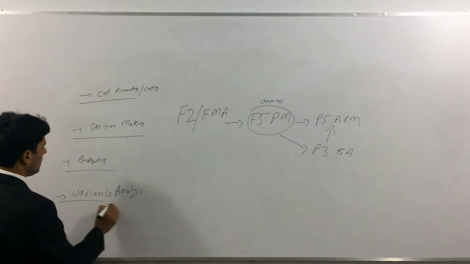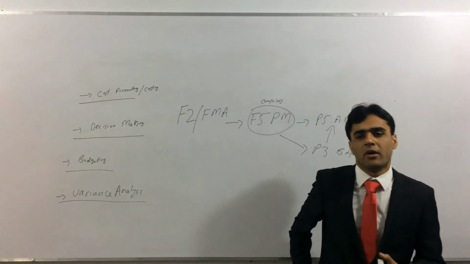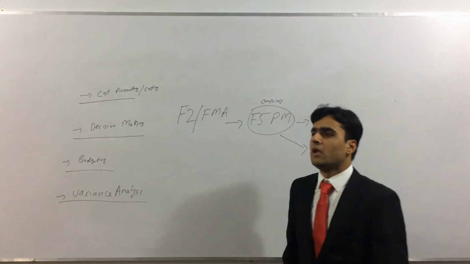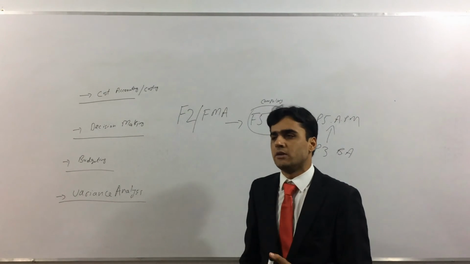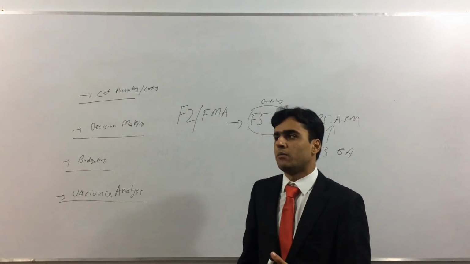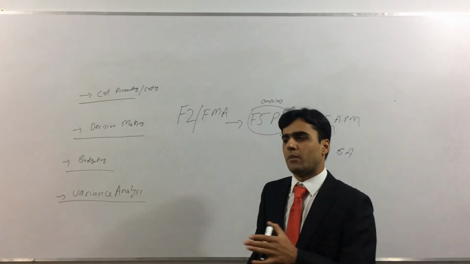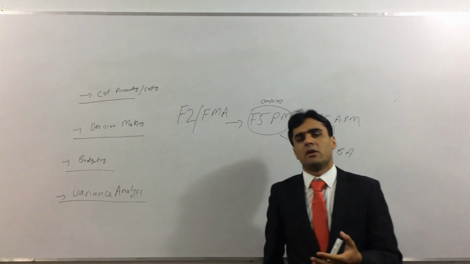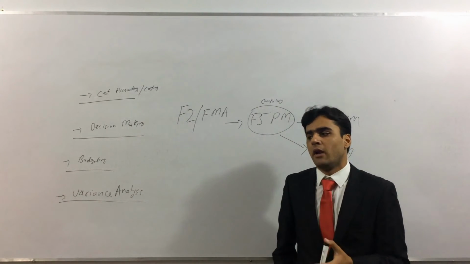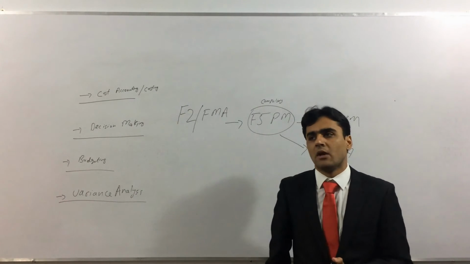Now, variance analysis, as I said, is checking whether we are going according to the plan or not. That is called variance analysis. Say, for example, I have estimated that in year 2018, I will sell 10,000 pieces of my car, 10,000 items of my car, blah, blah model. But in actual terms, when the year ended and I checked it, my actual sales were 9,500 pieces of that specific model.